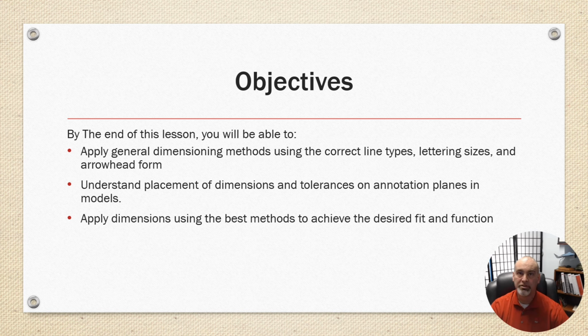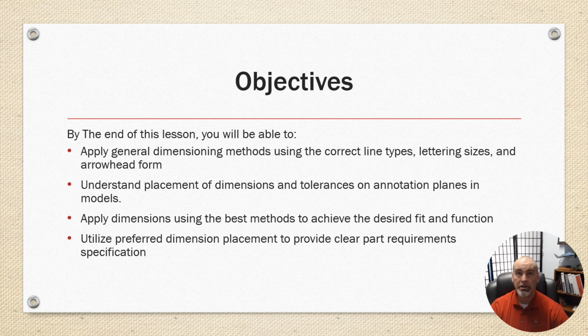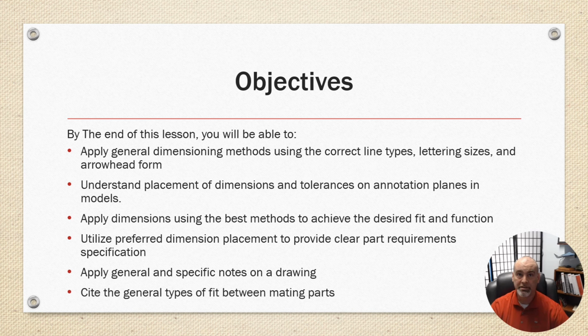Apply dimensions using the best methods to achieve the desired fit and function. Utilize preferred dimension placement to provide clear part requirement specifications. Apply general and specific notes on a drawing. And finally, cite the general types of fit between mating parts.